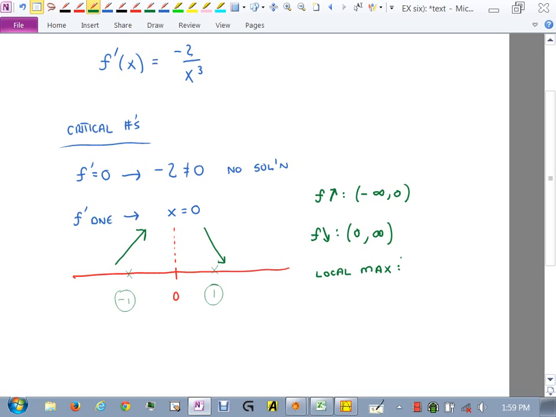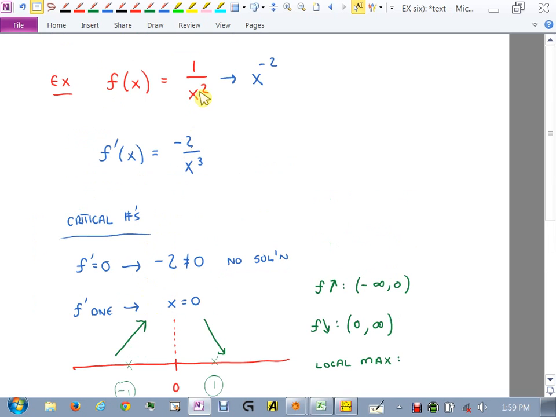Do I have a local max? What are we looking for? We're looking for up to down, right? Do we have up to down? Yes, but you can't plug 0 into the original function. That's not in the domain.